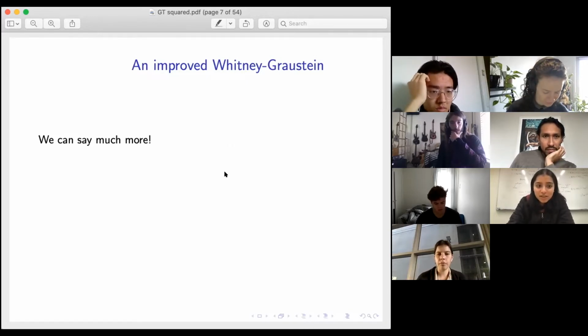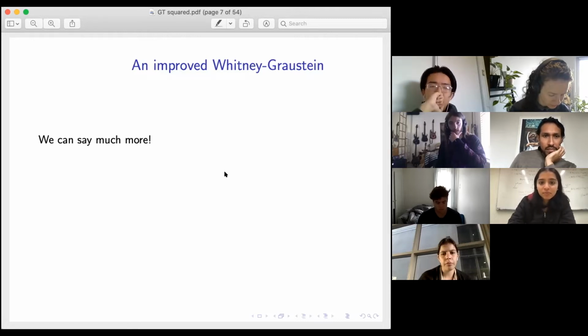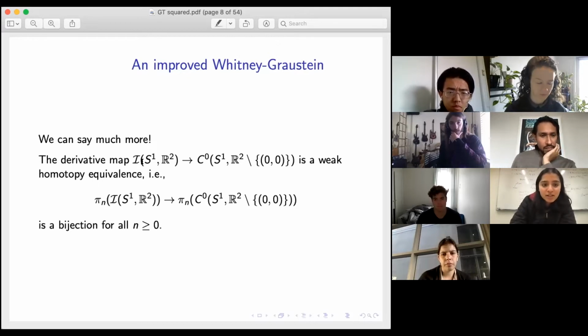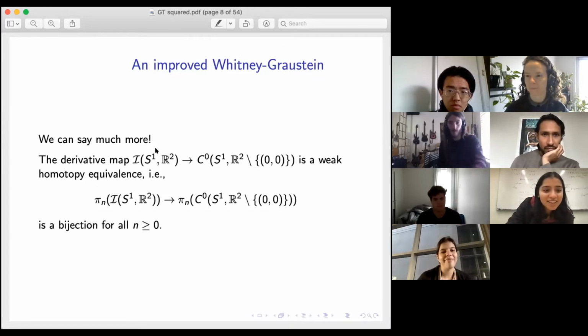The Whitney-Graustein theorem was the first incidence, as far as I know, and as far as my supervisors know, of this notion called the H principle, or the homotopy principle. This derivative map from the space of C1 immersions to the space of continuous loops in the punctured plane, Whitney and Graustein said that this just induces a bijection of path components.